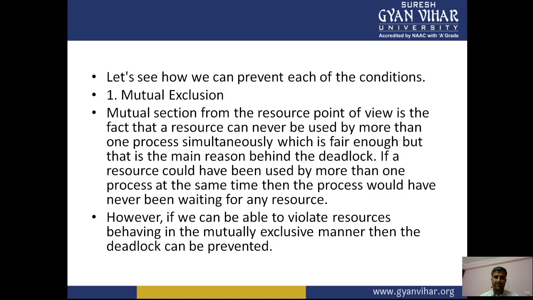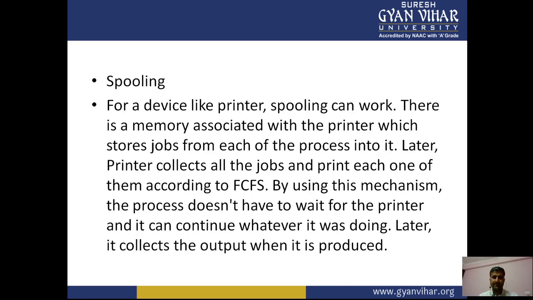But that is the main reason behind the deadlock. If the resource could be used by more than one process at the same time, then processes would never be waiting for any resource. However, if we can violate resources behaving in a mutually exclusive manner, then the deadlock can be prevented.